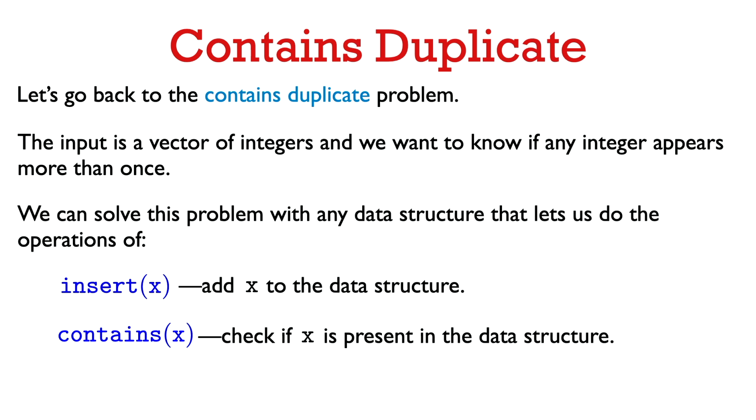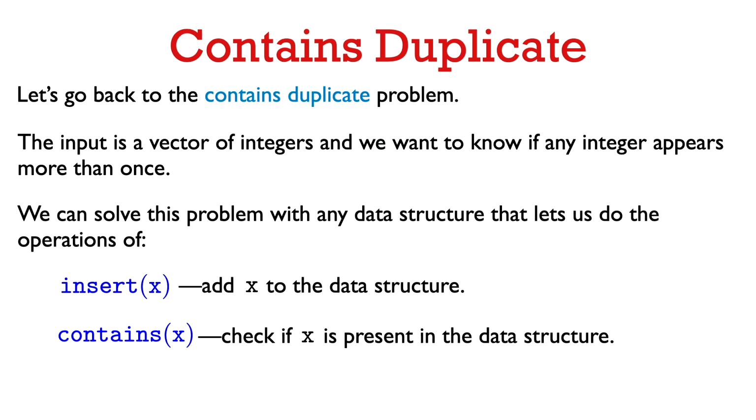To refresh your memory, in the contains duplicate problem, we are given a vector of integers, and the problem is to determine if any integer appears more than once in this vector. We can solve this problem using any data structure that implements the operations of insert and contains. We make a pass over the vector, and for each entry, check if the data structure already contains the element.